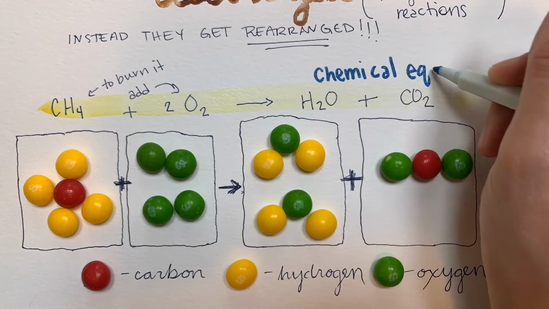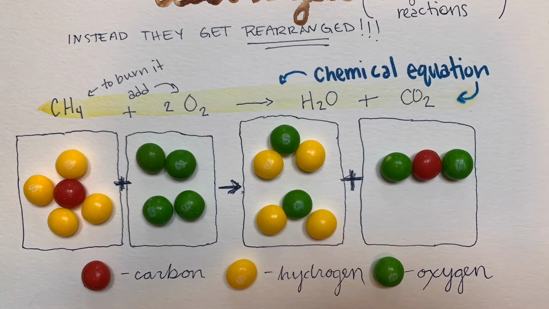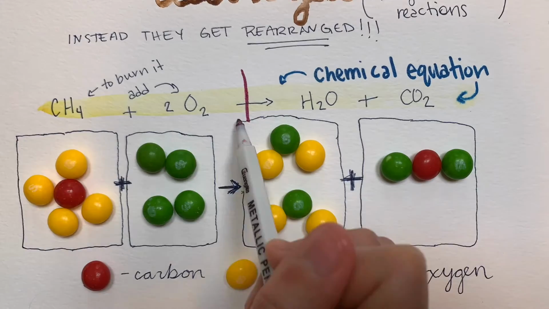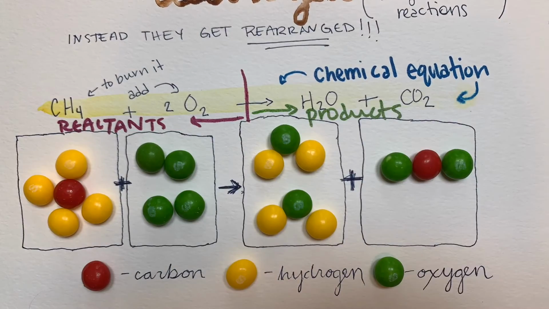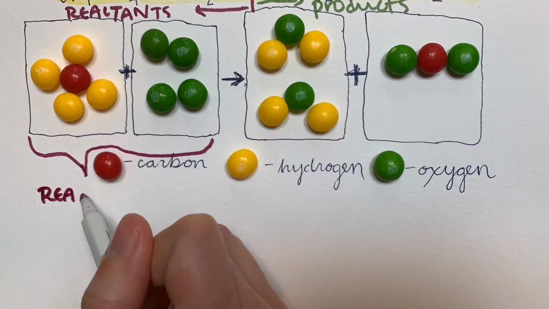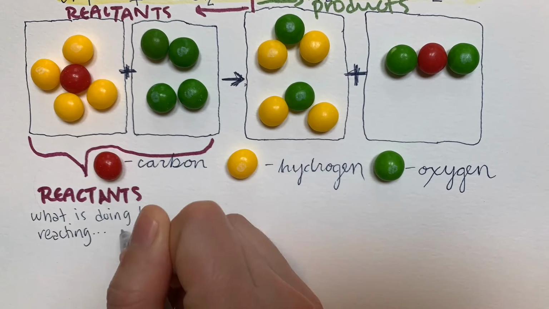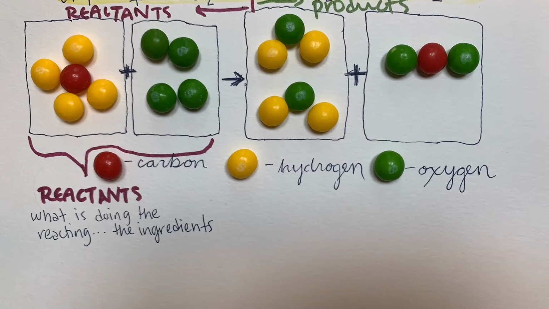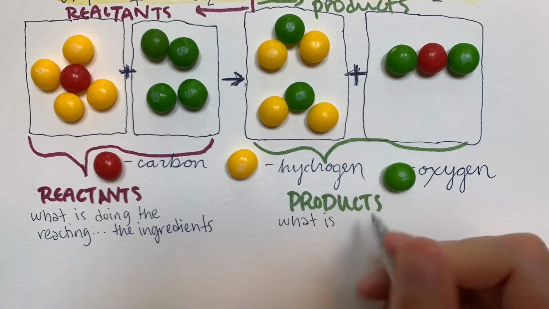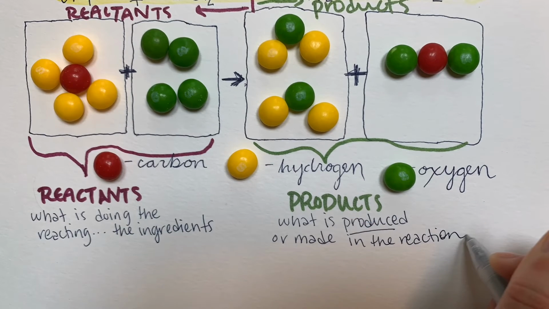We can describe this chemical reaction to others by using what scientists call a chemical equation. A chemical equation is broken up into 2 parts: the reactants and the products. Reactants are the ingredients needed to perform the reaction. They are what is actually reacting. The products are what you end up with in the end.